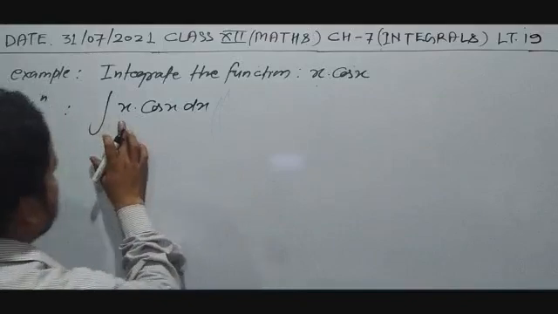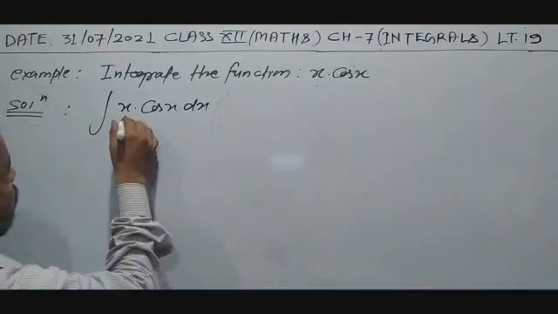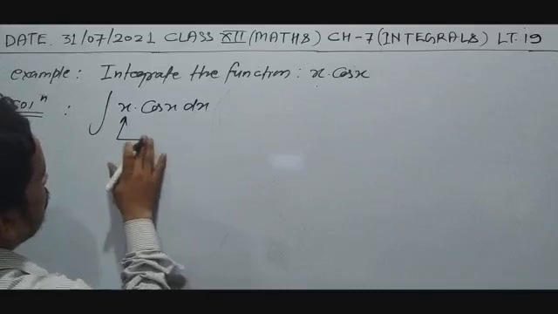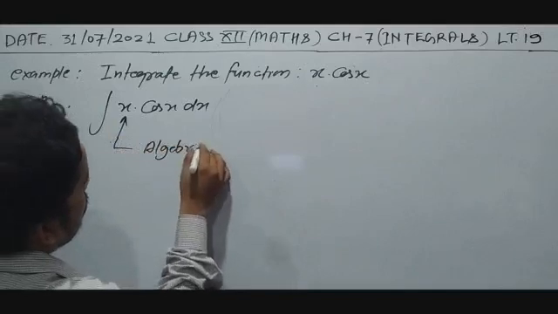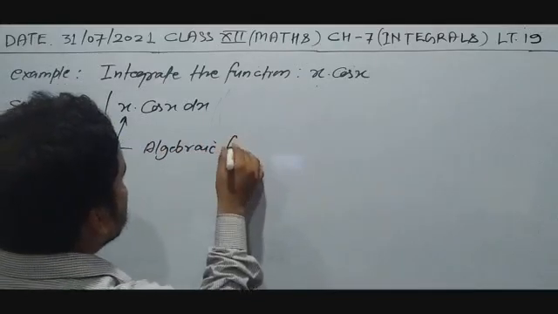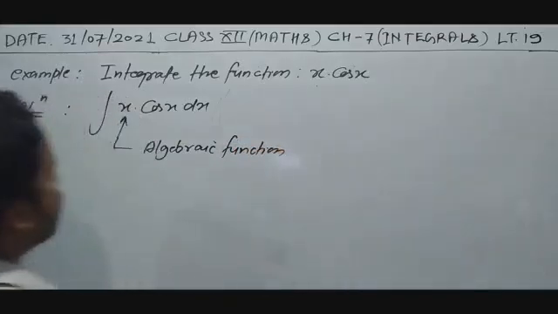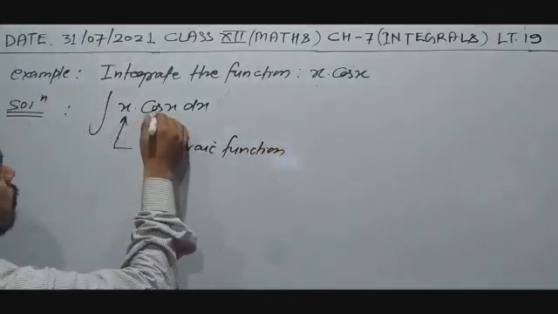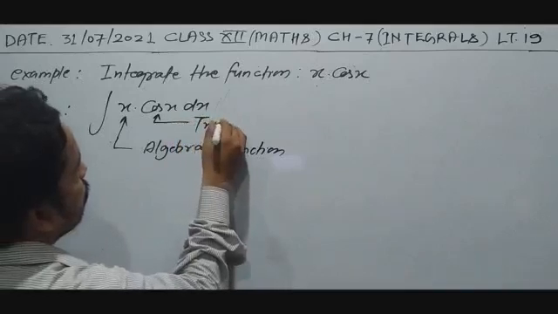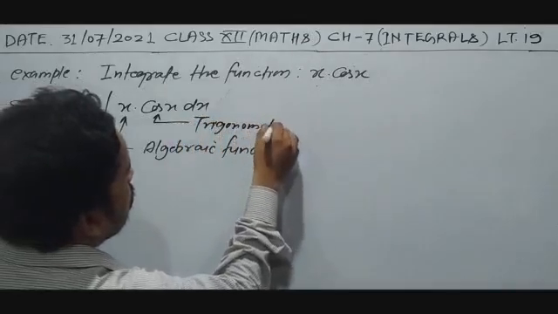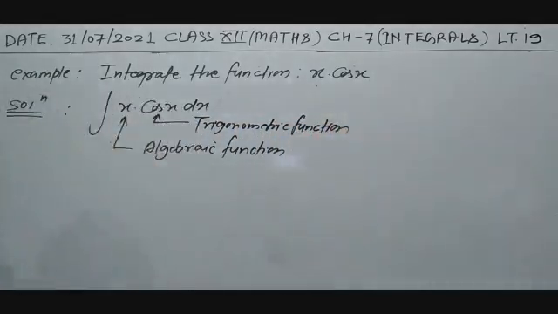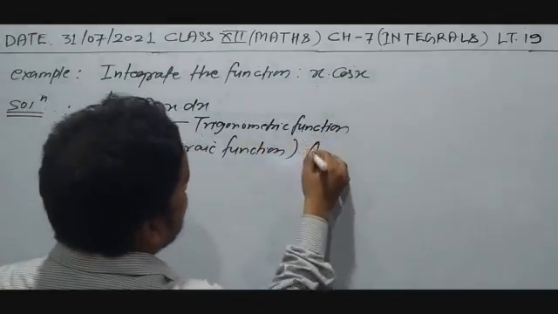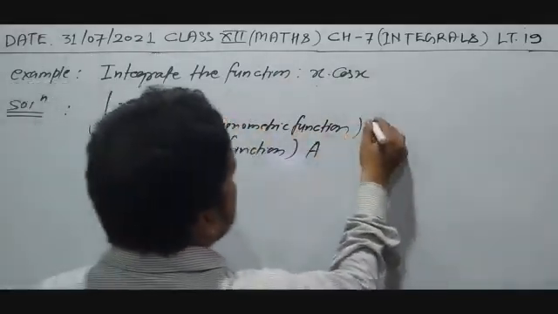To see this function, it is clear this function is algebraic function and this function is trigonometric function. These are two functions. So algebraic means capital A and trigonometric means T.